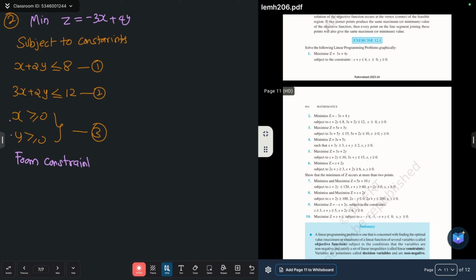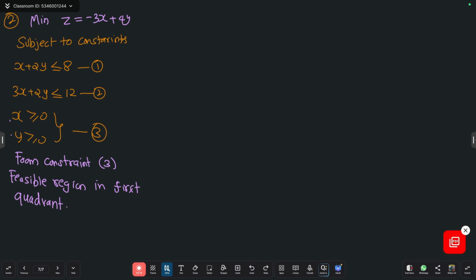From constraint 3, the feasible region is in the first quadrant, because constraint 3 is a non-negative constraint. Then no confusion: whenever there is a non-negative constraint, it is obviously in the first quadrant.